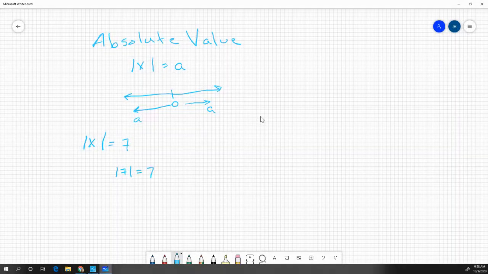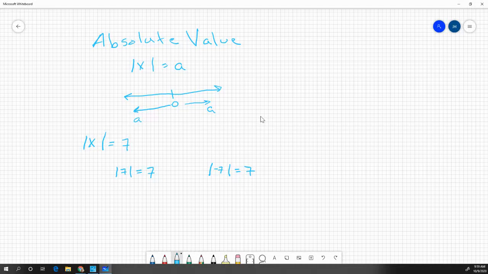Well, 7 would equal 7, right? But also the absolute value of negative 7 would equal 7. So because of this, when we set up an absolute value problem, you have to set up 2 equations, one to the negative, one to the positive.